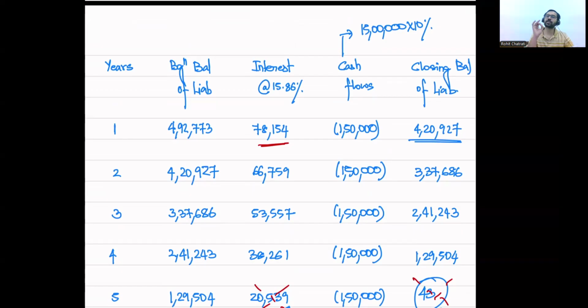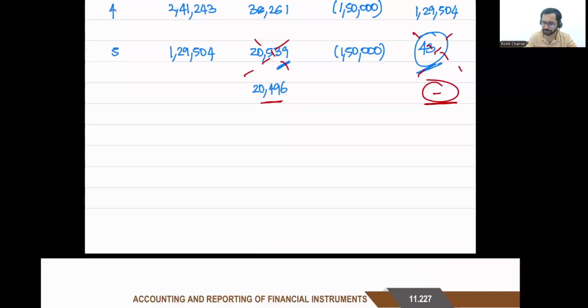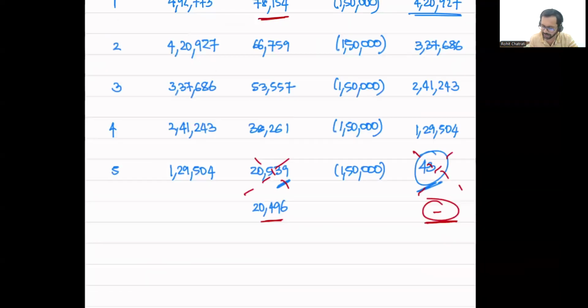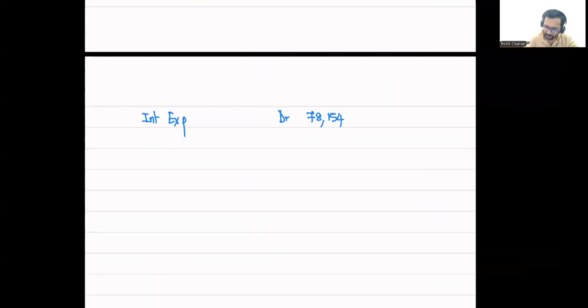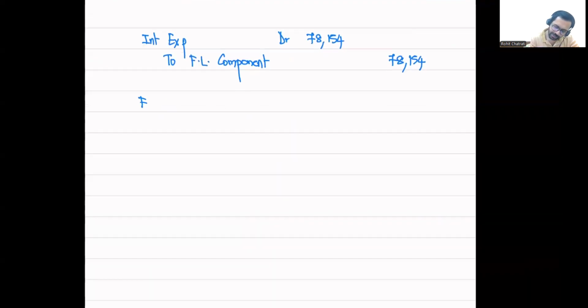We recognize 78,154 as a debit in the P&L as interest expense, and we credit the financial liability component by the same amount, 78,154. When the payment is being done, we debit the financial liability component by 1,50,000 and credit cash by 1,50,000.